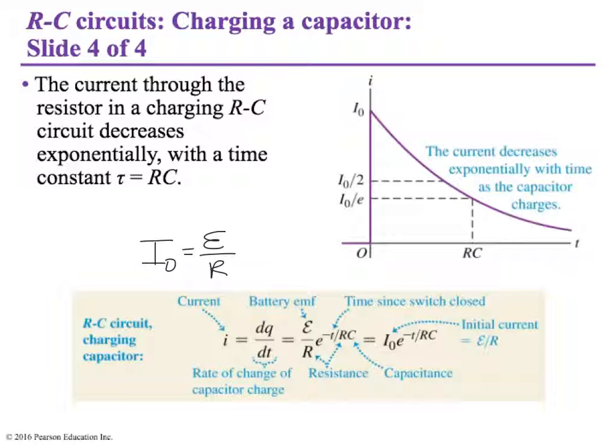In both of these expressions, the product of resistance times capacitance is called the time constant. Those units multiplied together actually have to have units of time, so seconds, because this whole exponent can't have any units. And that gives us an idea of characteristically how quickly our capacitor gets charged and how quickly the current falls off.